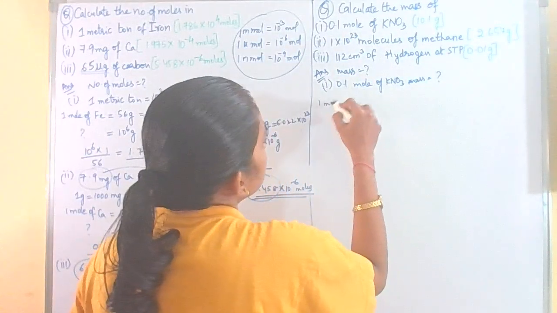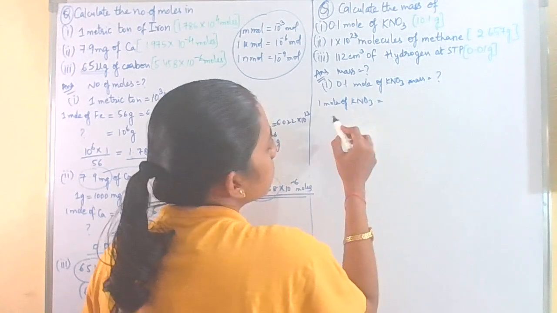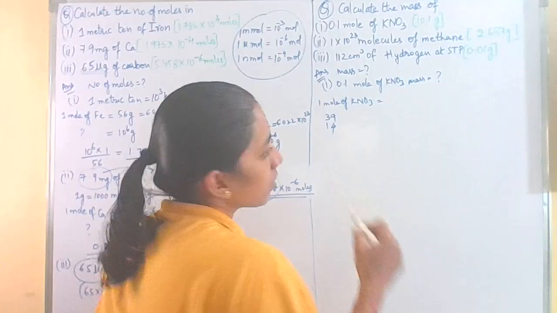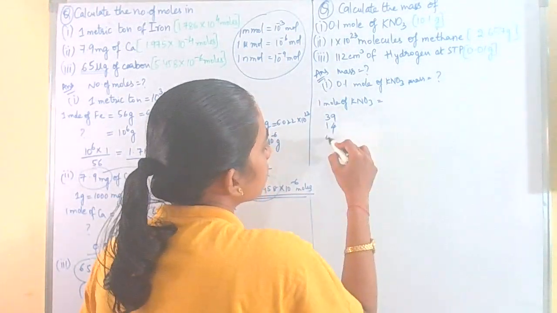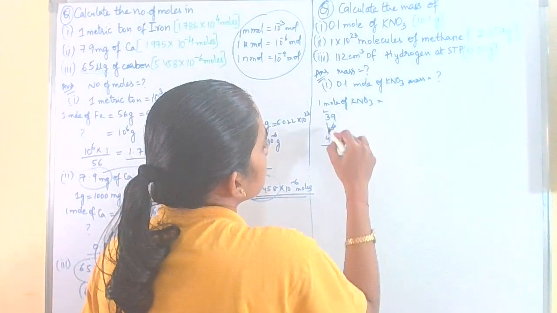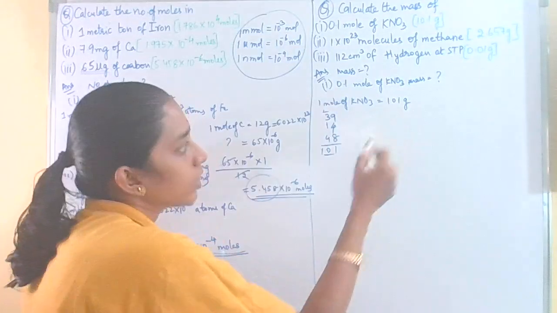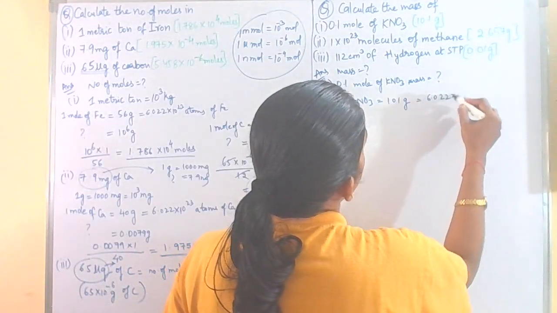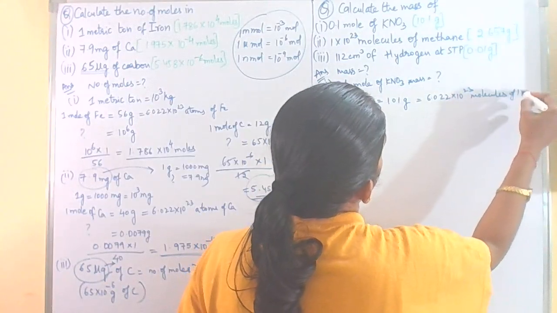So 1 mole of KNO3 is equal to potassium is 39, nitrogen is 14, its atomic mass is 14, 3 oxygen atoms into 16 is 48. So you will be getting 101 grams. This is the gram molecular mass of KNO3, which is equal to 6.022 into 10 to the power 23 molecules of KNO3.